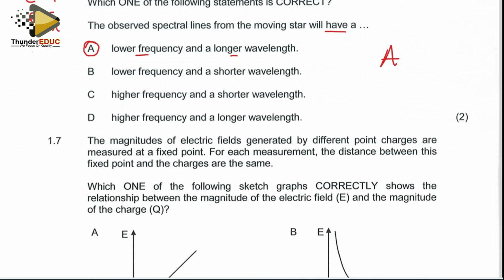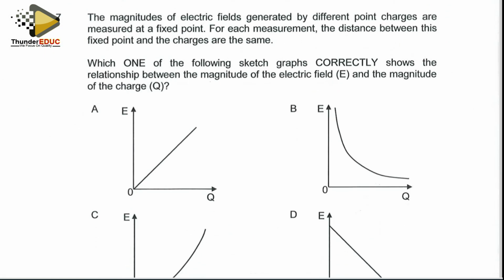Then we move on to 1.7. Talking about the magnitudes of electric fields generated by different point charges and measured at a fixed point. For each measurement, the distance between the fixed point and the charges are the same. Okay, which of the following shows the correct representation for the relationship between the magnitude of electric field and the charge?